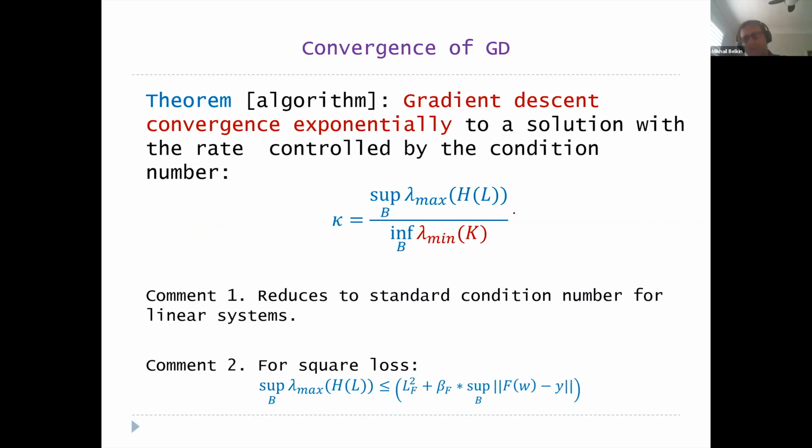But lambda max and lambda min here are different objects, so it's a slightly non-standard condition number. On the other hand, for the square loss, we don't really have to worry about lambda max because there is a simple upper bound, basically based on the Lipschitz condition. So it's lambda min that's really the key here. And if my system is actually linear, this is a standard condition number. So it's a true generalization.